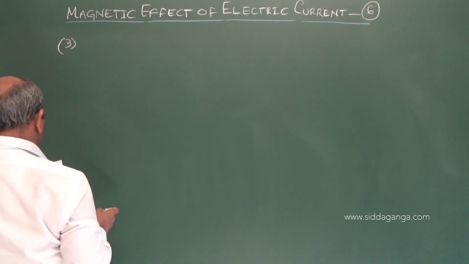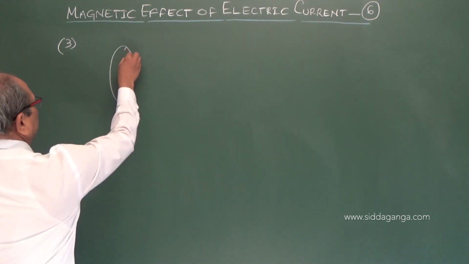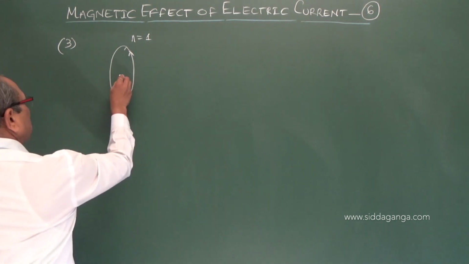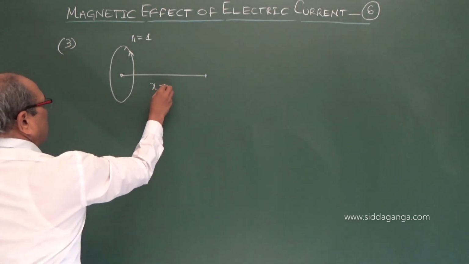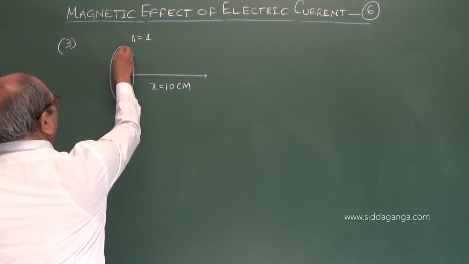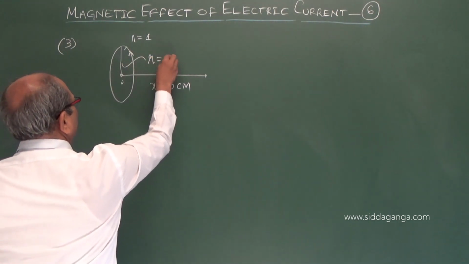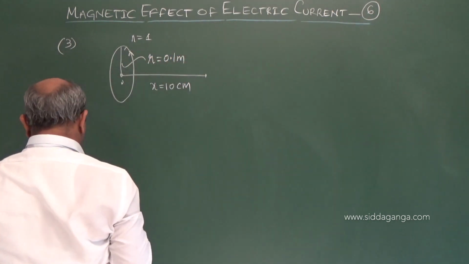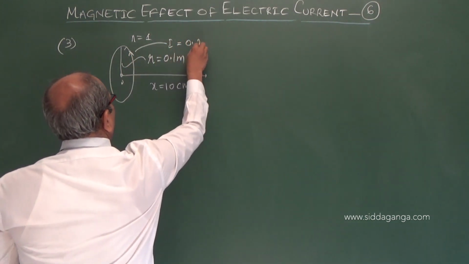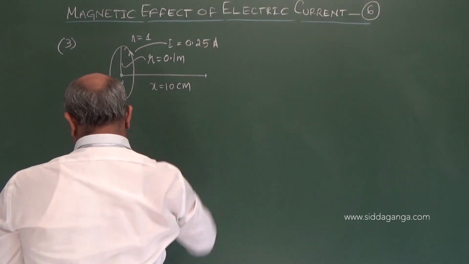So let us see the next example. The third one: calculate the magnetic field at a point on the axis of a loop. The number of turns is 1, at a distance of x equal to 10 centimeter from the center of the coil, where its mean radius is 0.1 meter, carrying a current of 0.25 ampere.